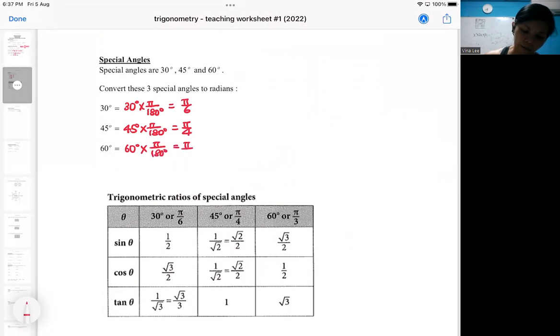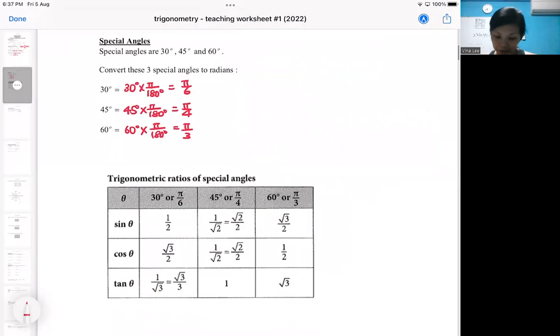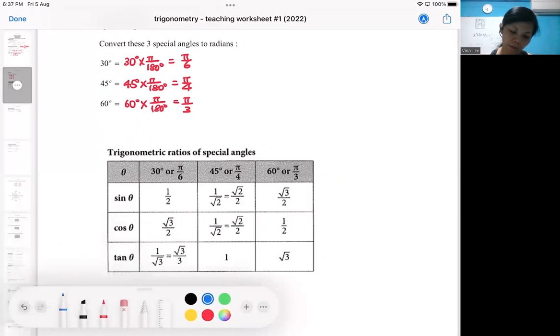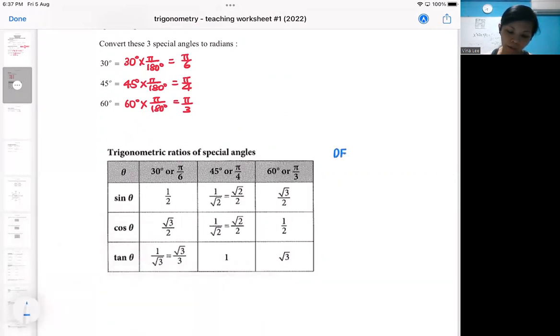So that's how we convert. For example, this is the table that you actually need to memorize. If your calculator is in degree mode and you punch sine 30, it will give you a half.